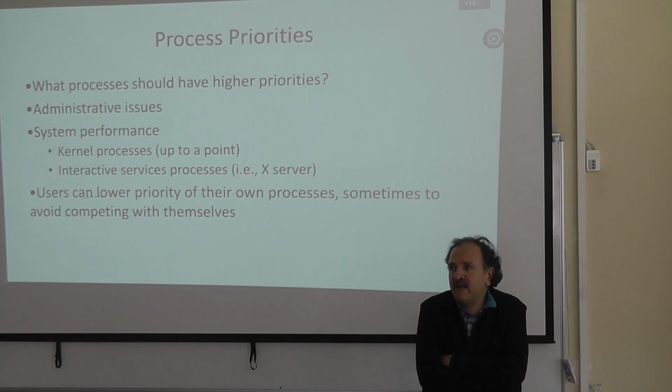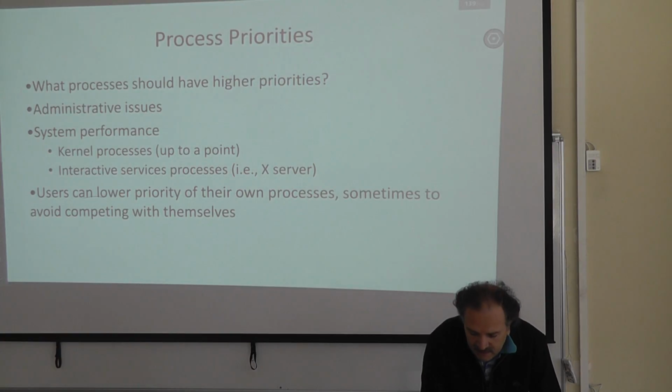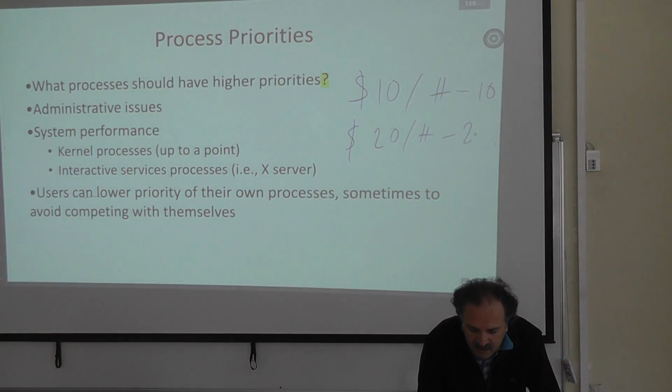Sometimes you use a computer by paying money. Let's say I am paying $10 per hour, maybe my priority is 10, but if I spend $20 per hour, maybe my priority will be 20.